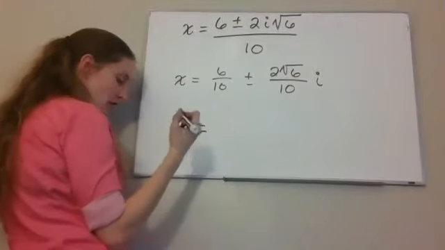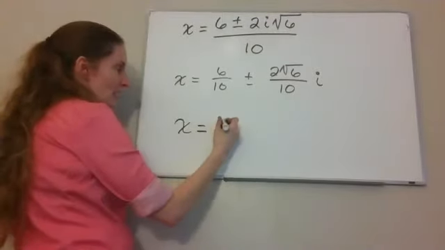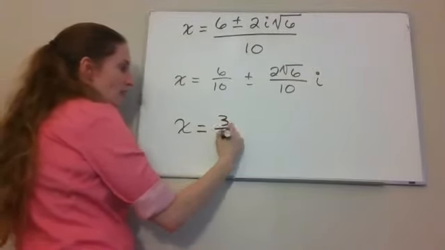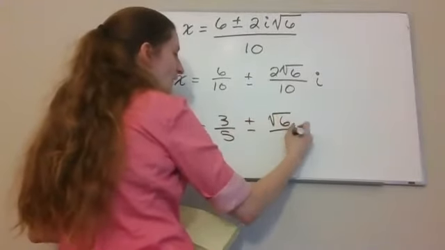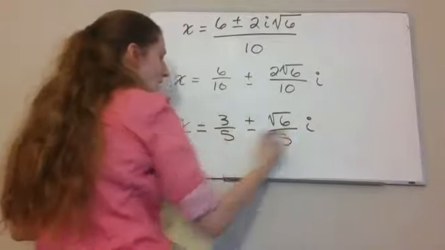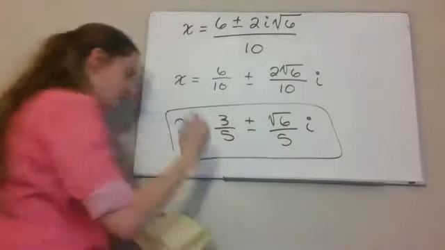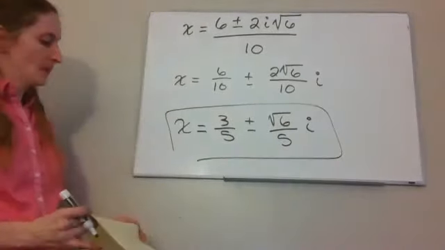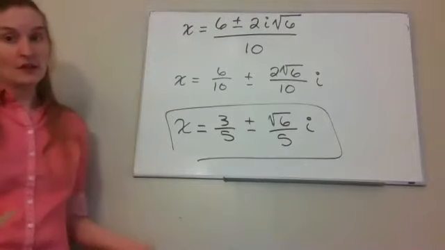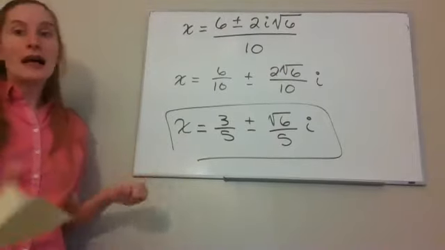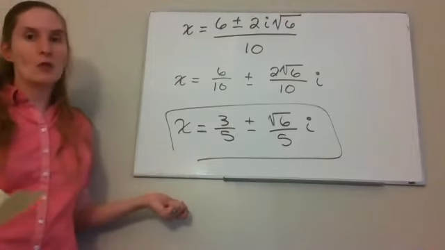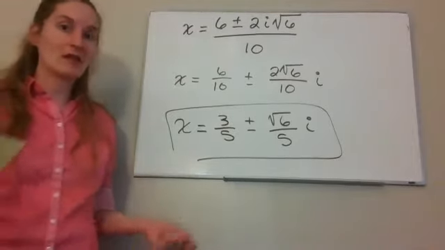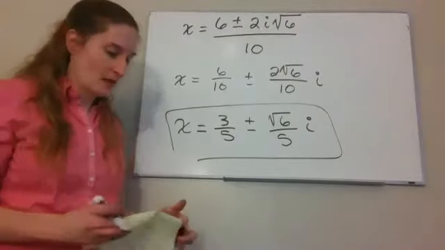Simplifying my fractions as much as I possibly can, I get x equals 3 over 5 plus or minus the square root of 6 over 5 times i. So that's how you use the quadratic formula. I actually like the quadratic formula quite a bit because, like I already said, it works all the time, even on things that don't factor nicely.